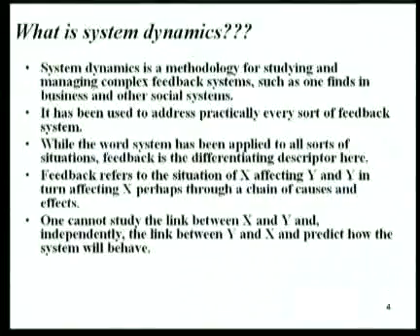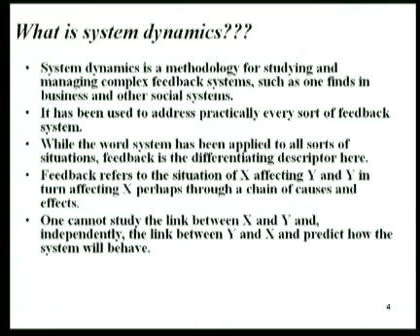Now, just as we talked about before, breaking things apart and looking at some small subset of a system can lead to erroneous conclusions and mistakes in decision making. I want to emphasize that again here. We cannot study the link between X and Y and then independently study the link between Y and X and predict how that overall system behavior is going to play out. You have to look holistically at these things.